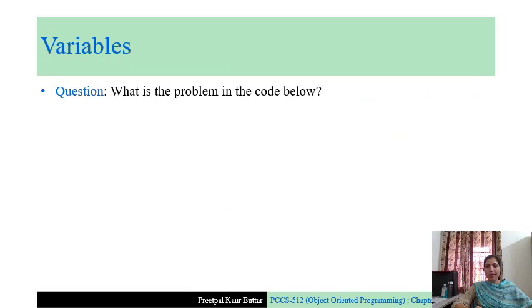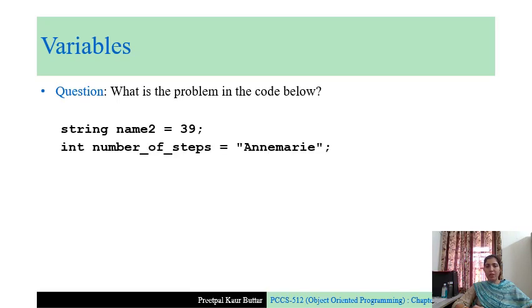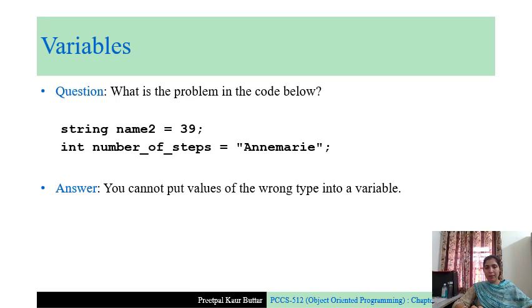There is a question here. What is the problem in the code below? String name 2 equal to 39, int number of steps equal to Anna-Marie. The answer is you cannot put values of the wrong type into a variable. Here the variable name 2 is a string variable.